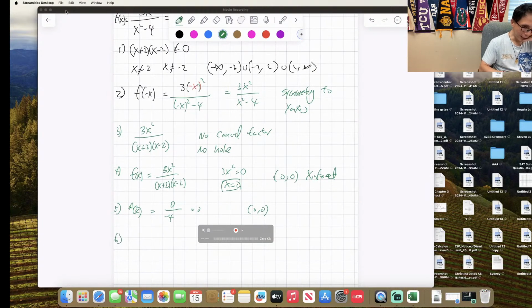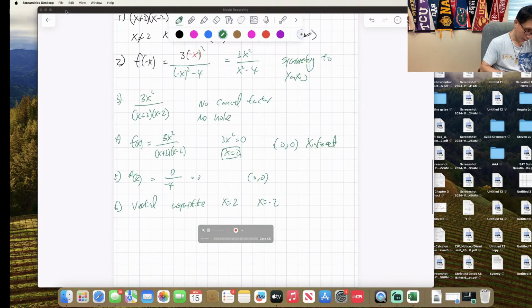How many vertical asymptotes? X equals 2 and x equals -2. X equal to something. This is not a coordinate, it's an asymptote. What is the horizontal asymptote?